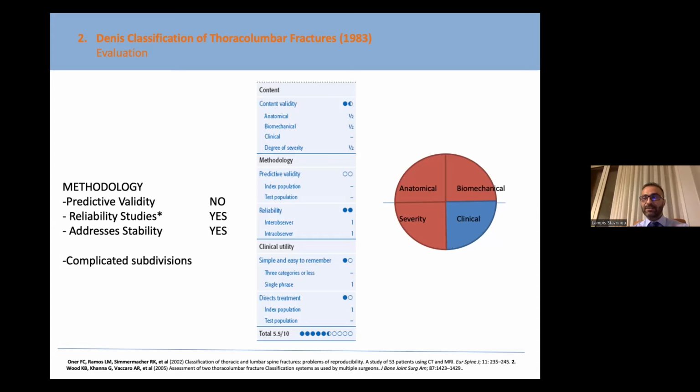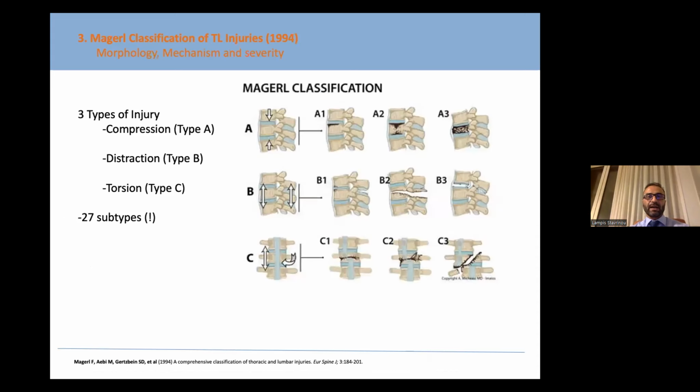It does address stability, but the 1983 version of it is quite complicated with almost 20-something subdivisions, which can make the applicability of this a little hard. Now, in 1994, a German orthopedic surgeon, Magerl, sort of suggested his own classification scheme.